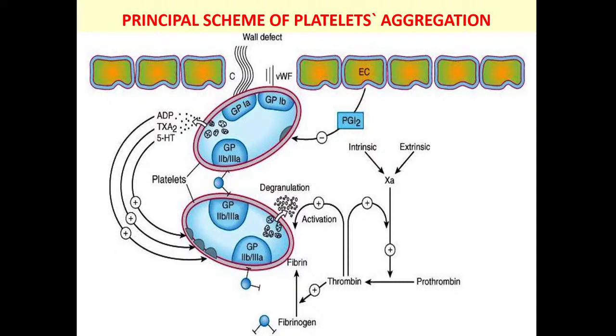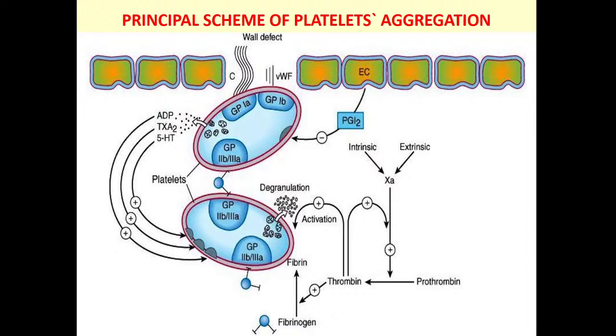At the same time, endotheliocytes release prostacyclin, PGI2. Interaction of prostacyclin with specific prostacyclin receptors of platelets inhibits aggregation.